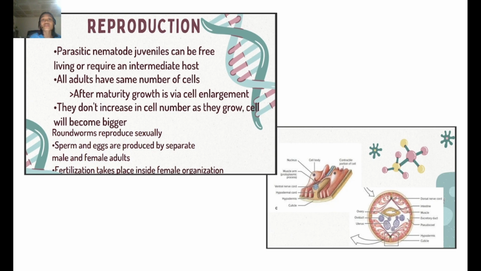The only difference is that the bigger ones have bigger cells, but the number of cells is the same. So, roundworms reproduce sexually. Sperm and eggs are produced by separate male and female adults, and fertilization takes place inside the female organism.